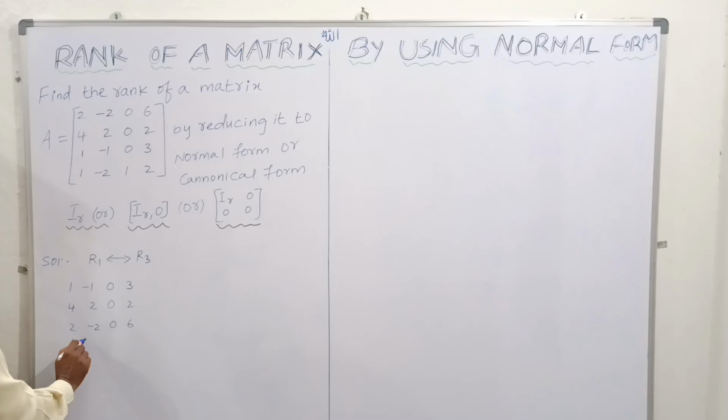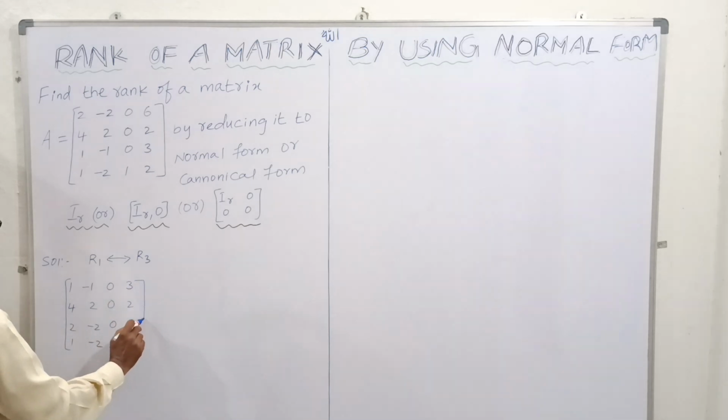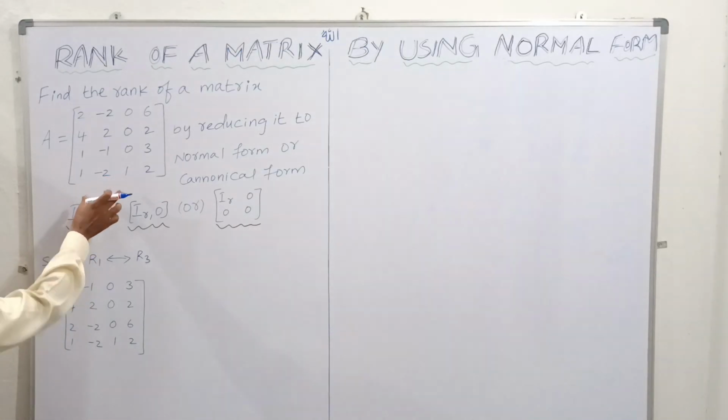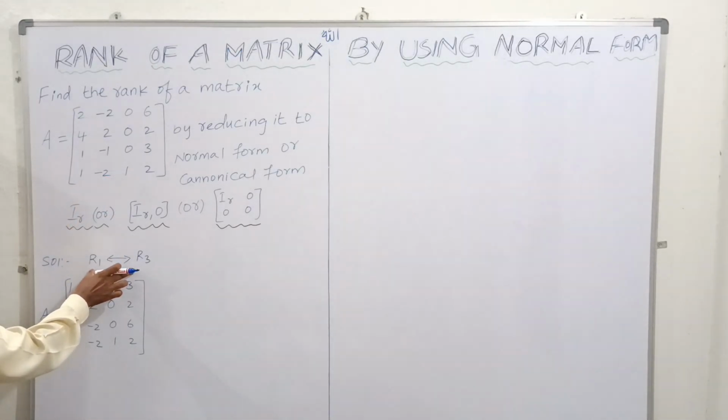The fourth row is the same, that is 1, minus 2, 1, 2. Right? So we have just interchanged row 1 with row 3 and row 3 with row 1.